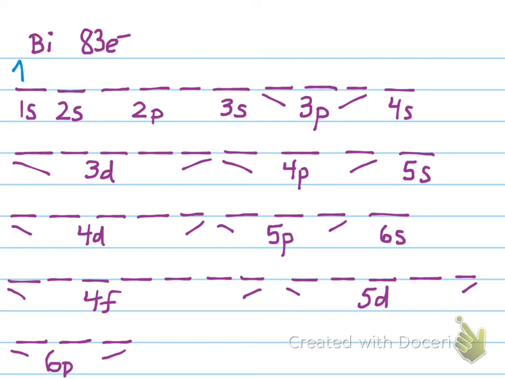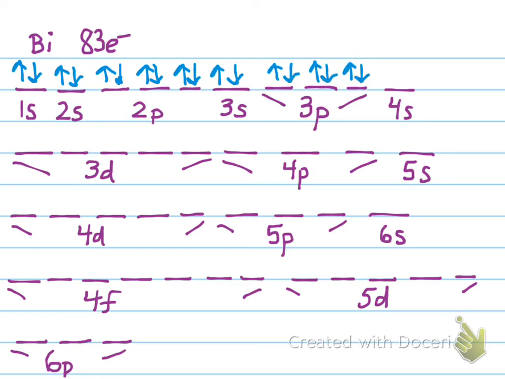So 1, 2, 3, 4, 5, 6, 7, 8, 9, 10, 11, 12, 13, 14, 15, 16, 17, 18, right? I'm at 18 electrons.